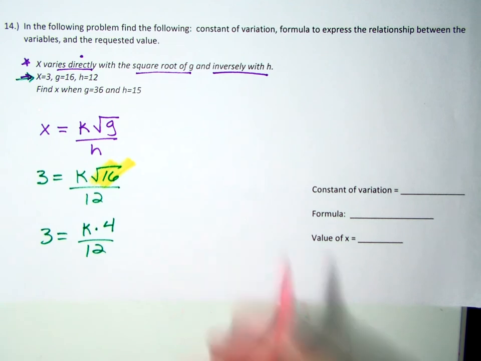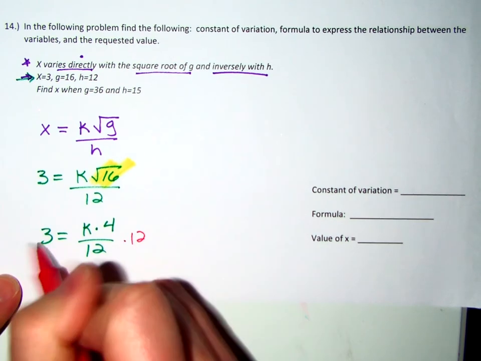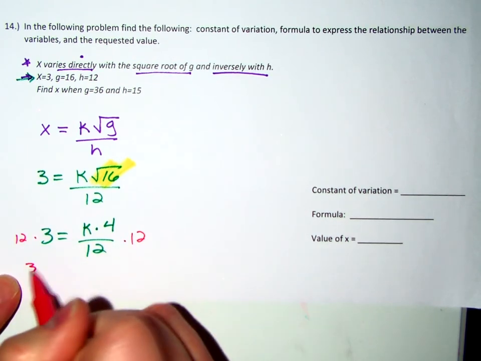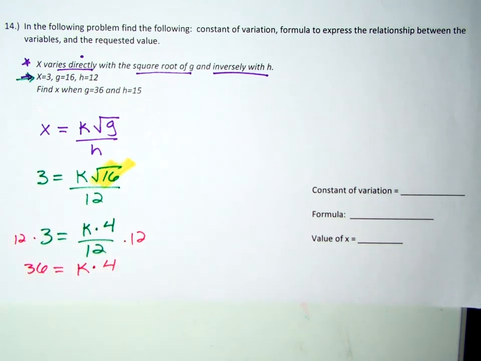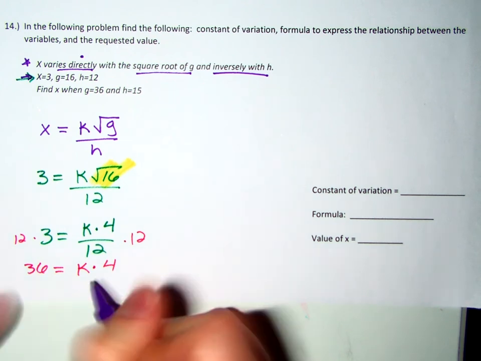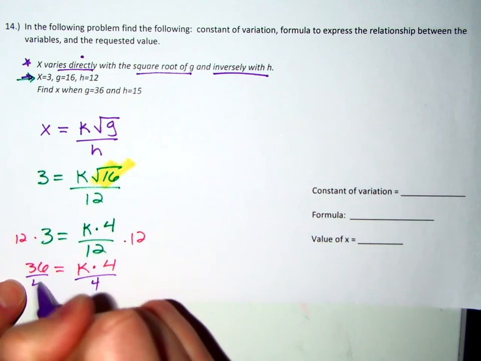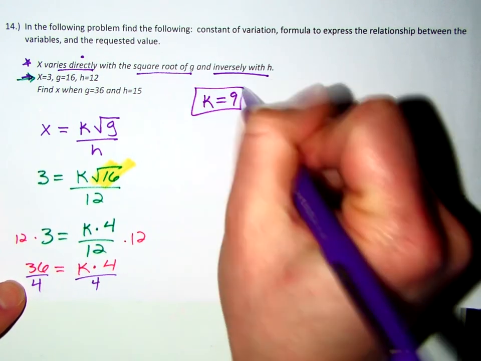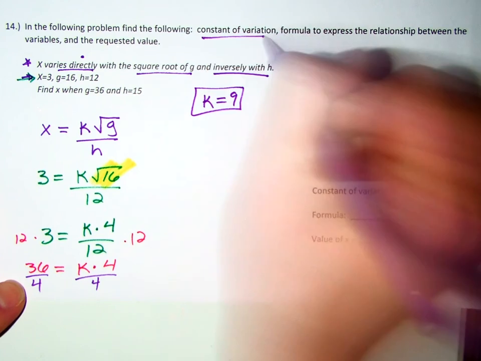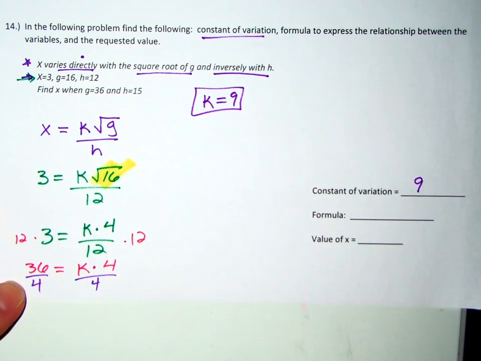So the first thing I do to get k alone is multiply by 12, which would give me 36 equals k times 4. Then we need to get rid of the 4, so we're going to take 36 and divide by 4, which is 9. So I know my k equals 9, and that's the first thing that we asked for. The constant of variation is 9.